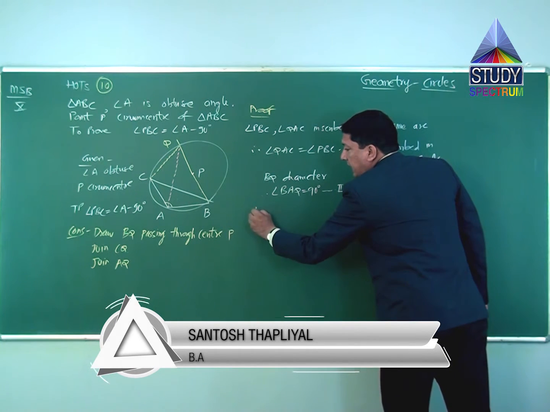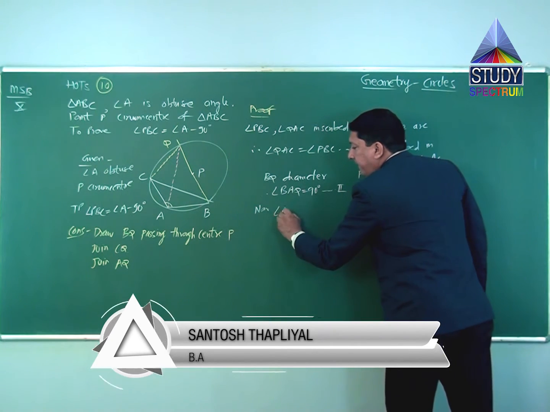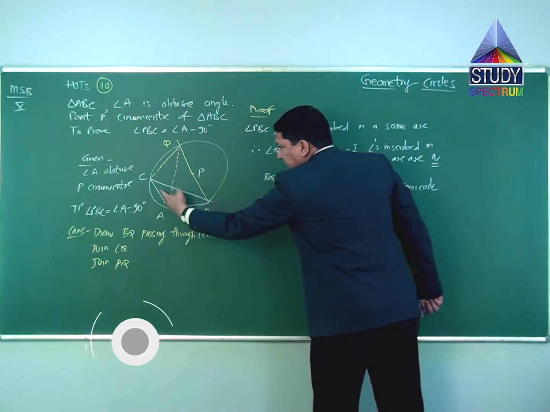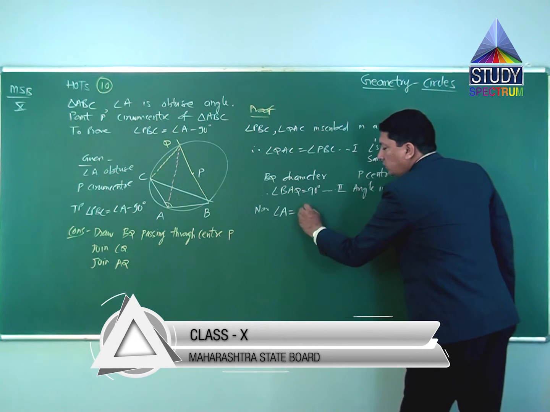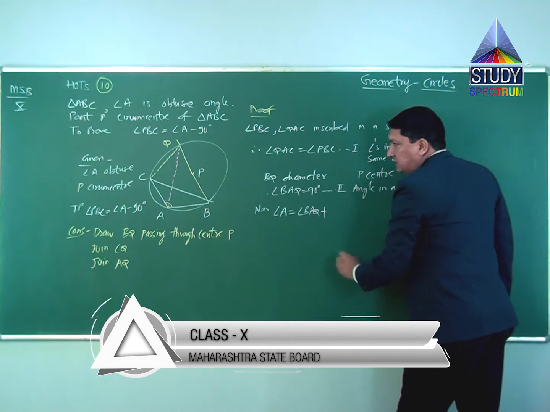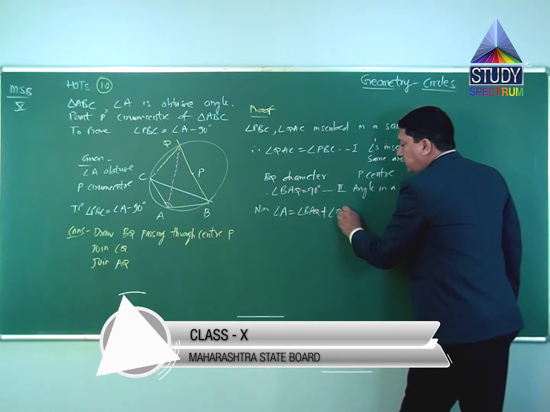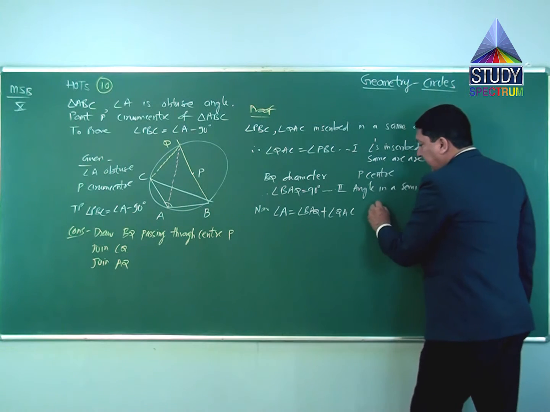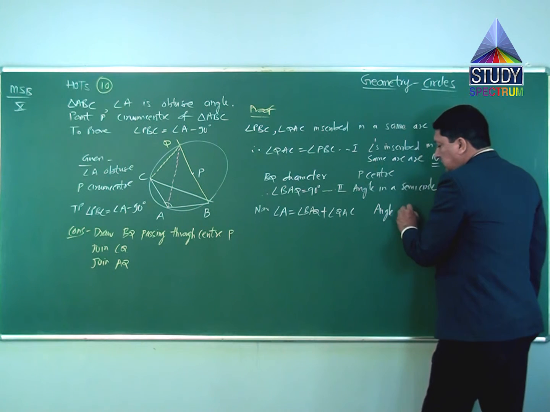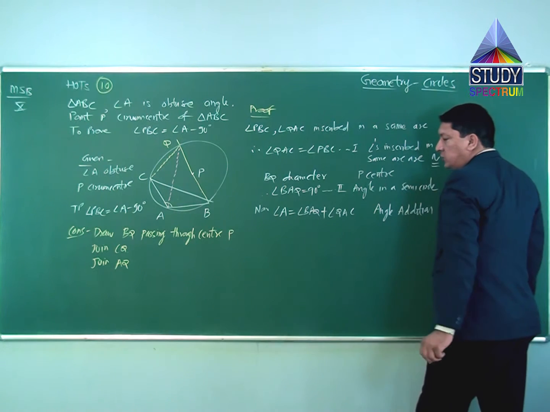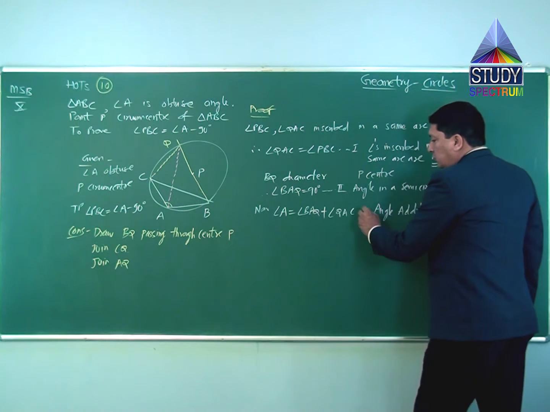Now, angle A, this full is angle A. This angle A is equal to angle BAQ plus angle QAC. Reason is angle addition property. We can add two angles, like how we can add two numbers. Angle addition property. These are equation number 3.